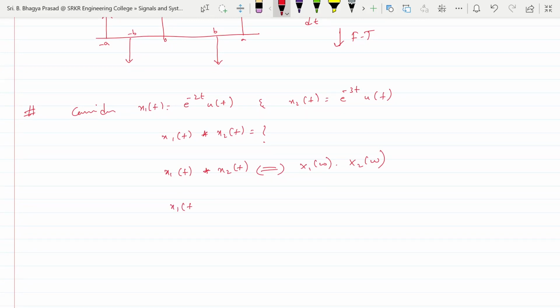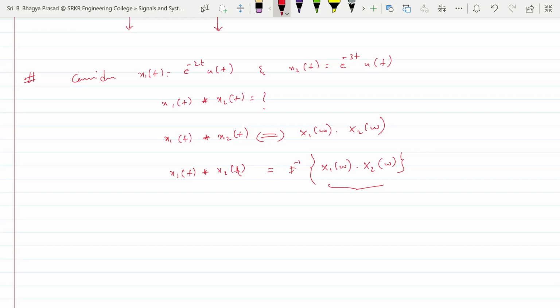If you want to go back to the time domain, you have to take the inverse Fourier transform of the multiplication of these two transforms, so that you can get the time domain expression finally. So let us first find x1 of omega.